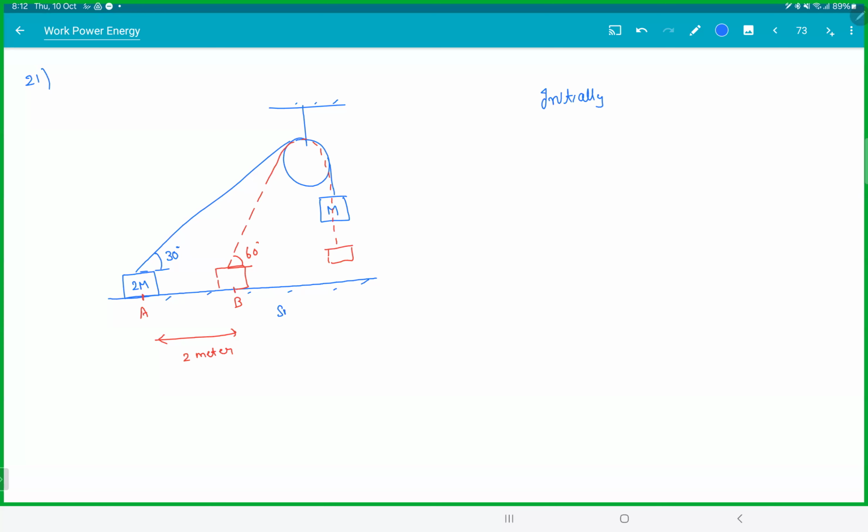The ground is smooth. And when released, it slides to B. Find the velocity of the blocks when it reaches B.